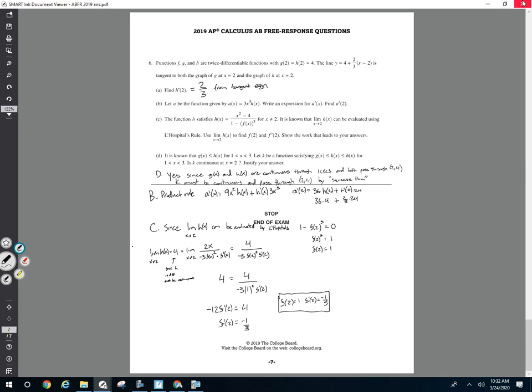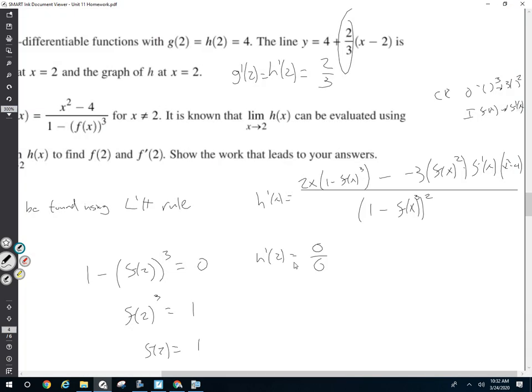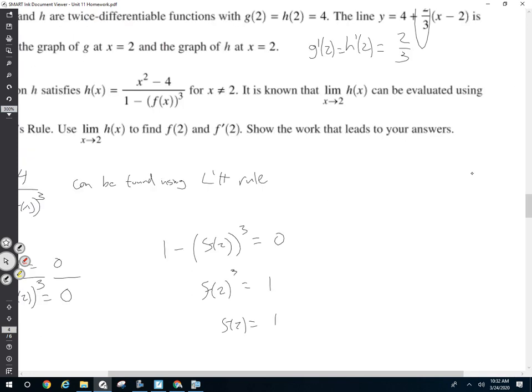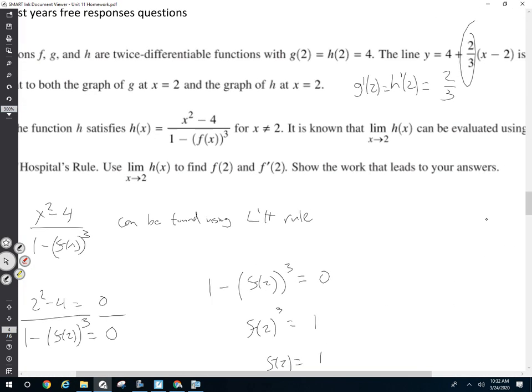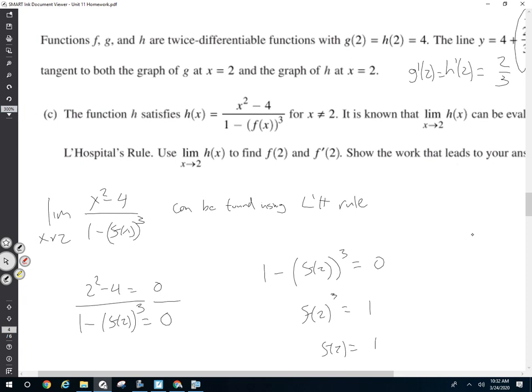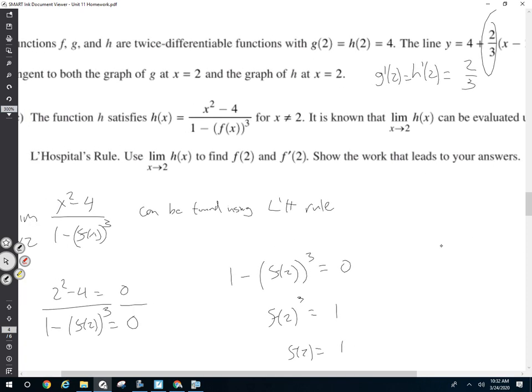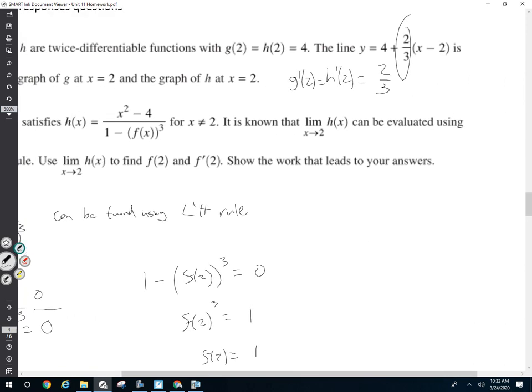Oh. Yep, I went the wrong way. I was focusing so much on the derivative, but the derivative is not the way to go. I got that, but h of 2 is 4.